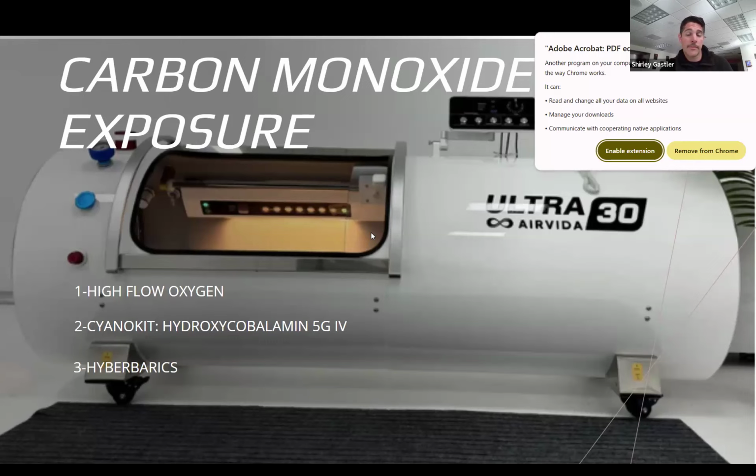But now the cyano kits are basically hydroxycobalamin, which is expensive, but essentially it's just vitamin B12. A lot of people take that as a supplement just kind of for energy and stuff. And it binds as well as the previous kits.